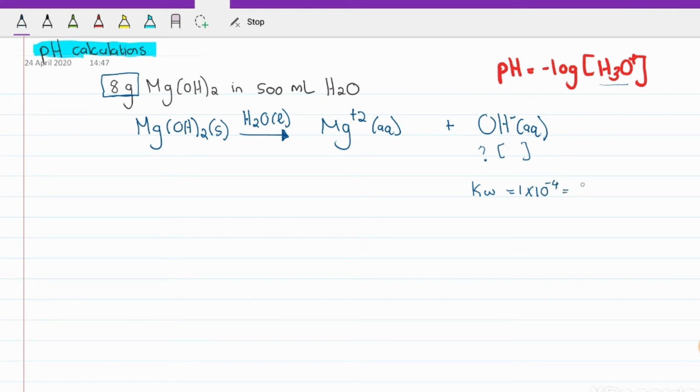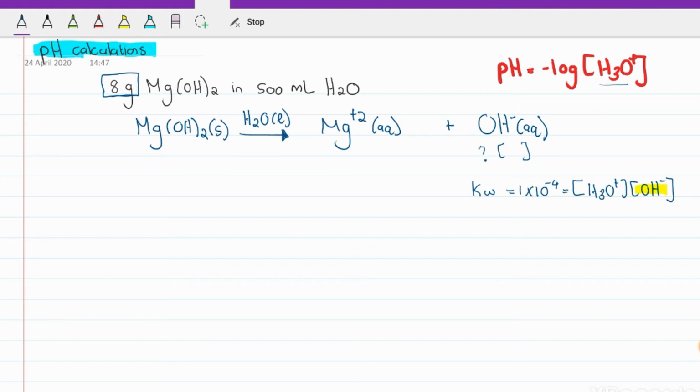Because the ionization constant of water is equal to the hydronium ion times the hydroxide ion concentration. So if you can get this concentration here, then we can work out the hydronium ion concentration. So that's the purpose of what we want to do now, is we want to calculate this concentration.